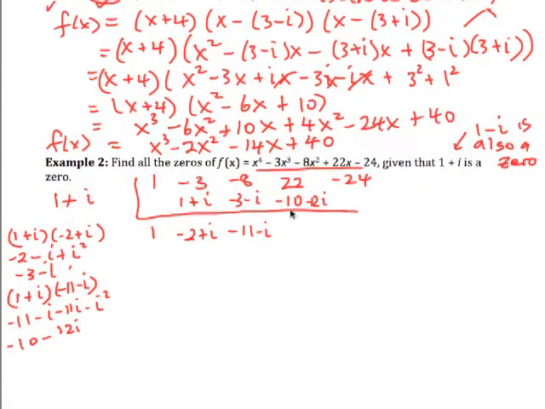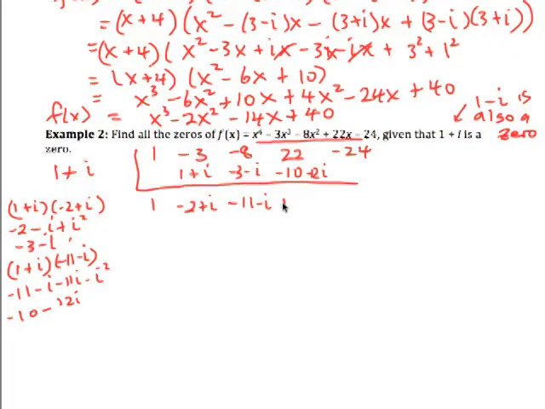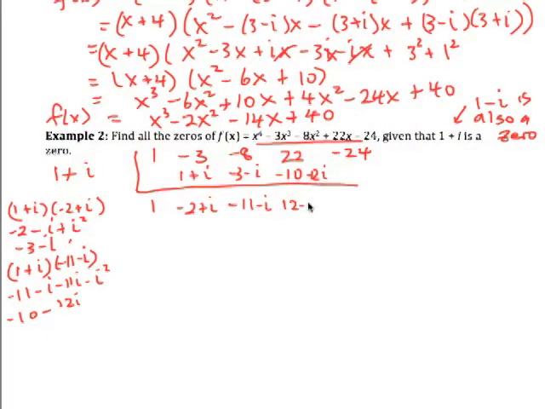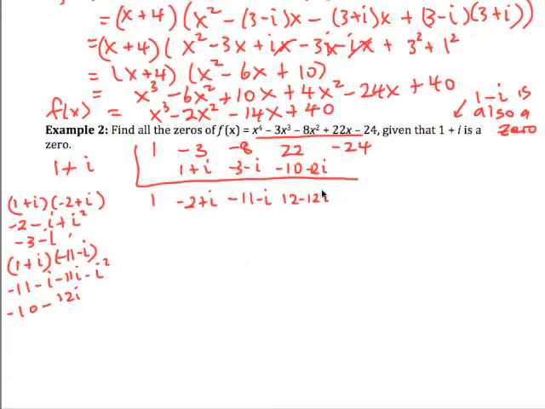And now when we add these, we'll get 12. And subtract 12i. Alright, now when we do this, of course, we're going to have to do the same thing again. 1 plus i by 12 minus 12i.